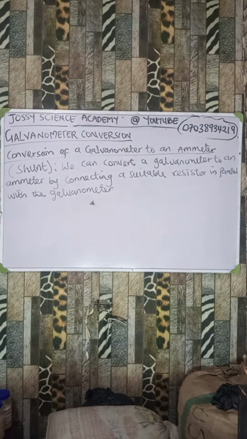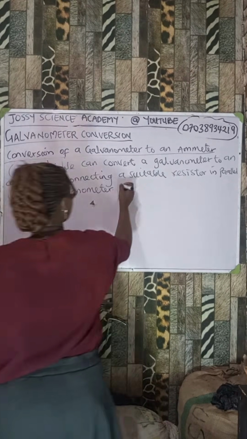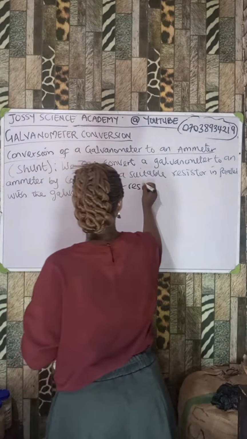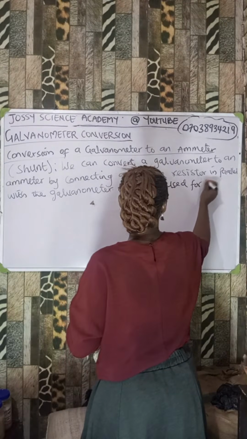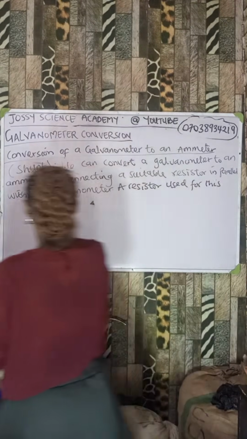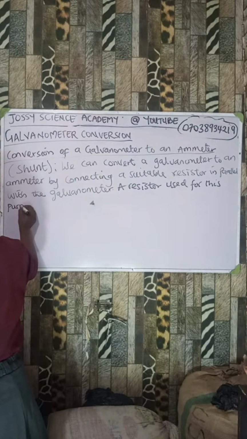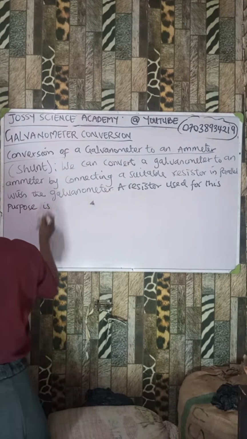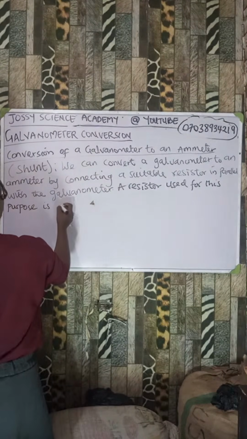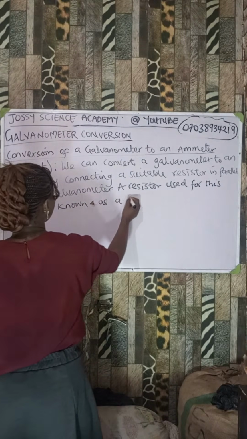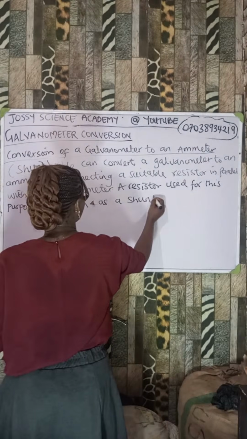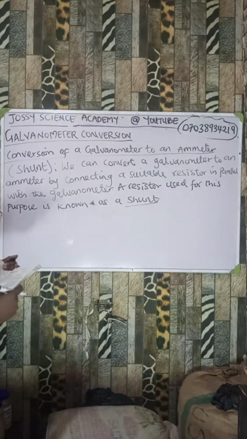All right, so let's proceed. A resistor used for this purpose is known as a shunt.